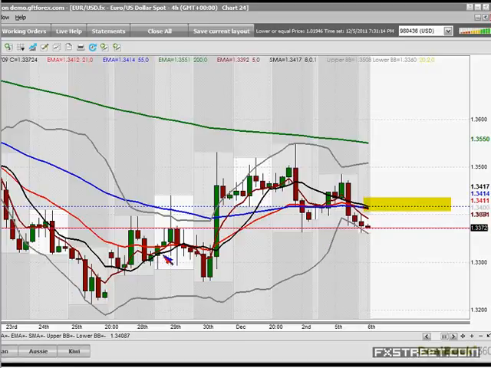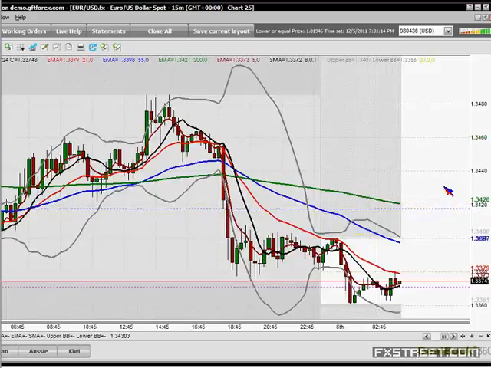Well, how can we get ourselves into something like that? Well, we can go and drop the fractal down to something like a 15-minute chart. Actually, it's an hourly. I'll use a 15. And then we can look to form our 4-hour swing, take our short, right?